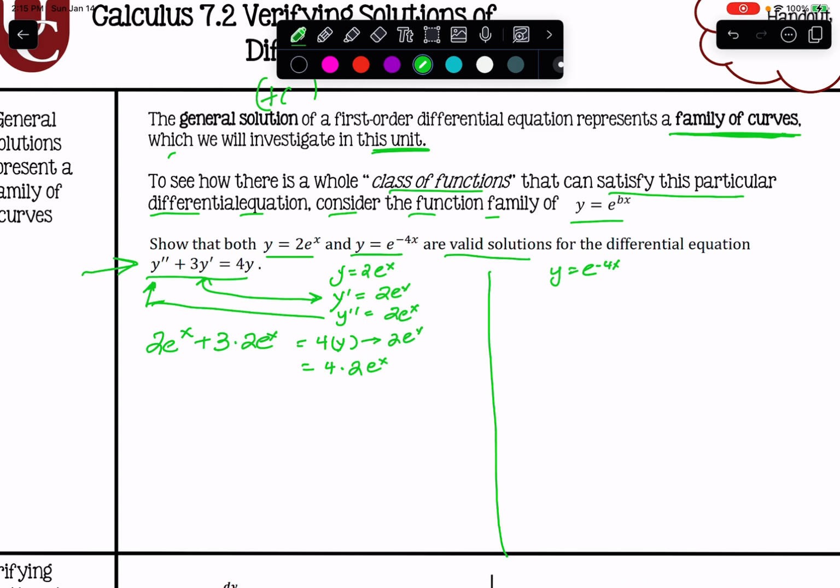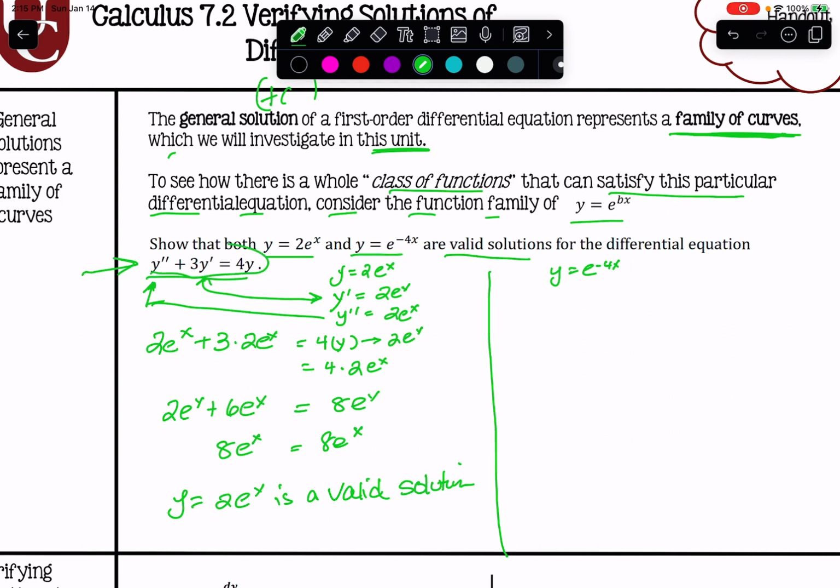So this is 2e to the x plus 6e to the x equals 8e to the x. And that's true. We have 8e to the x equals 8e to the x. So that one was a valid solution. So y equals 2e to the x is a valid solution to the differential equation y prime prime plus 3y prime equals 4y.